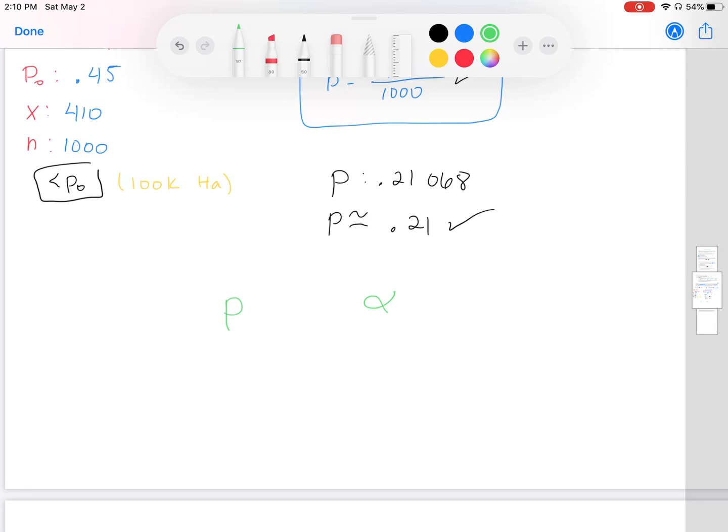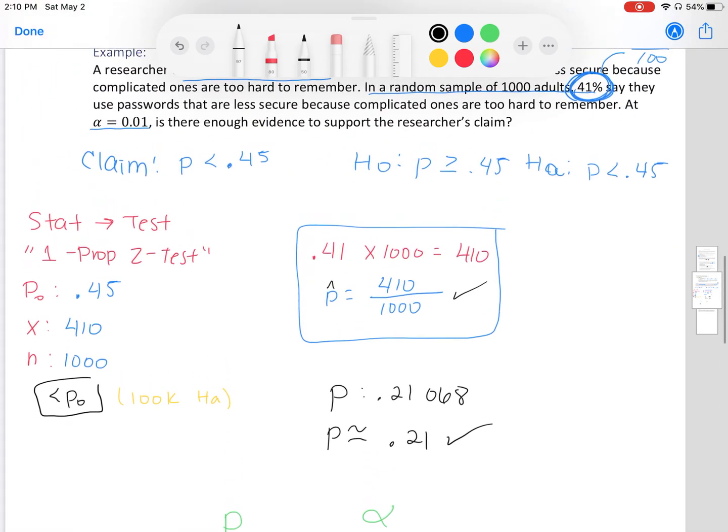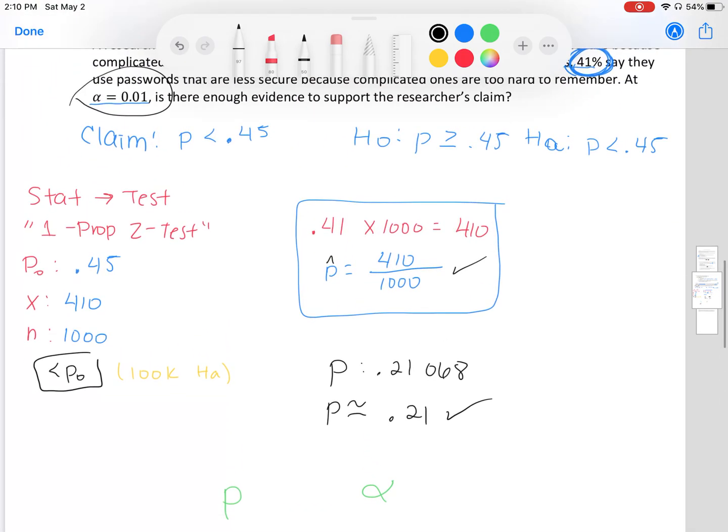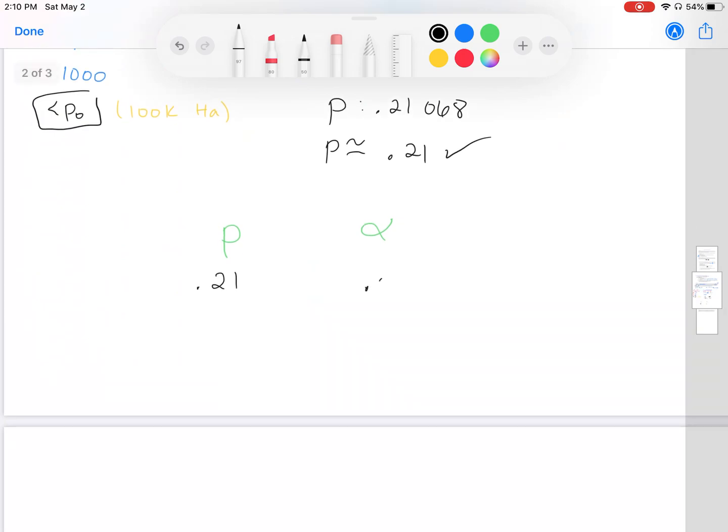If it's less than or equal to, you reject. Our p is 0.21, and our alpha is 0.01. All right, which one's bigger? 0.21 is bigger, right? So our answer is we fail to reject your null hypothesis.